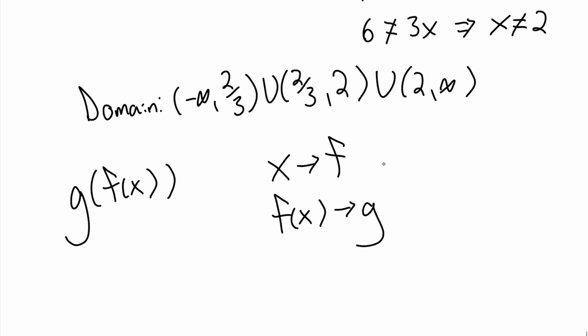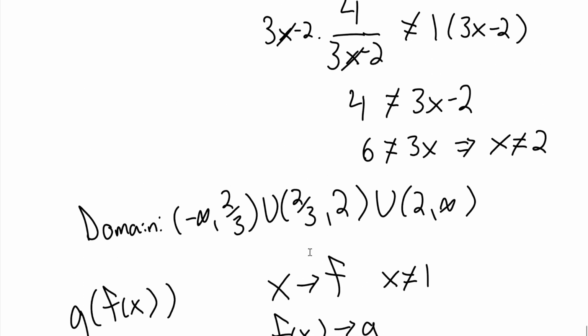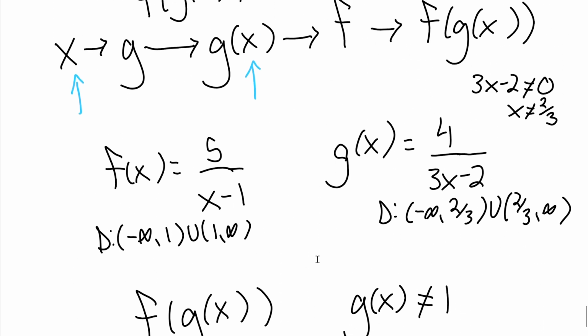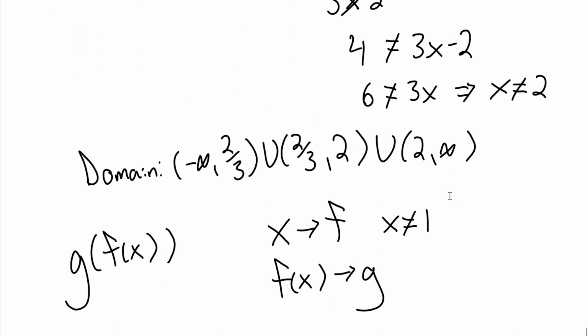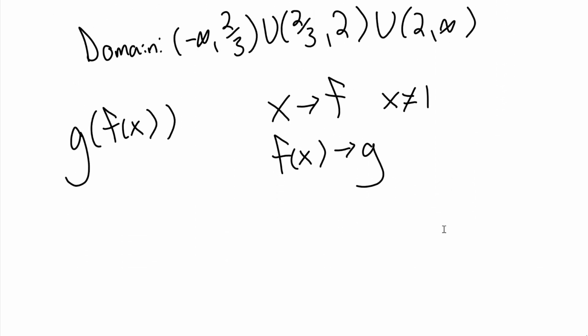So let's just write next to here, x cannot be 1 for this step. The f of x is going into g. Well, we saw in this part that x can't be 2/3 in that case. So now we're saying that f of x can't be 2/3. So we're looking for the f of x values, which would give us 2/3, because those are the ones that we'll want to exclude then.